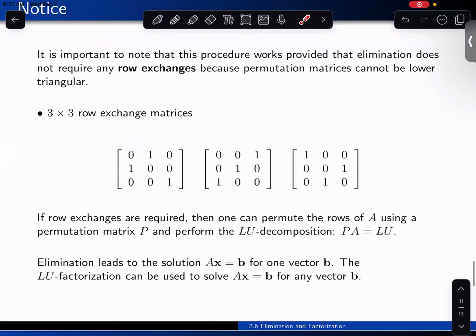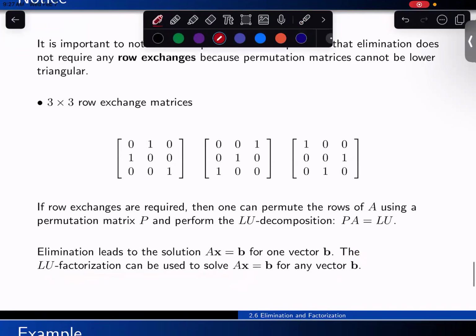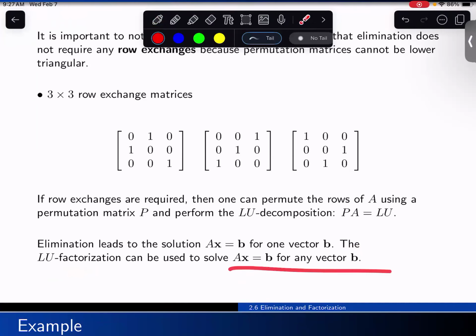And one of the important applications of this LU factorization is the following. I felt like he was putting a lot of emphasis on this fact. What we've been doing before is using elimination to find solutions of the equation AX equals B for one vector B. And then he says the LU factorization can be used to solve AX equals B. But I don't really see how much more insight the LU decomposition gives in finding solutions to this equation.